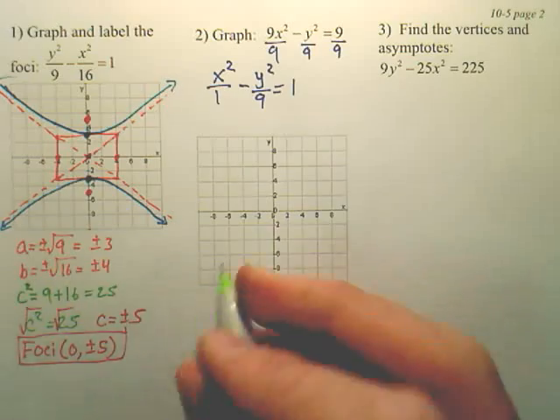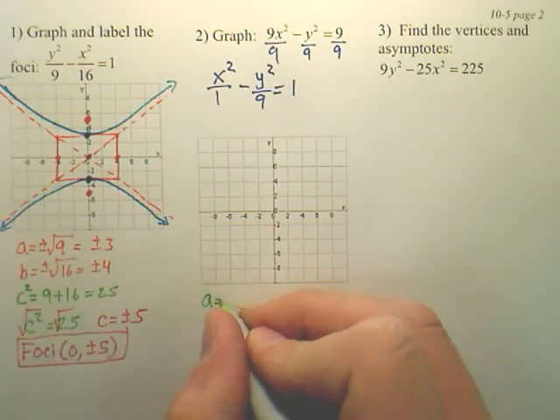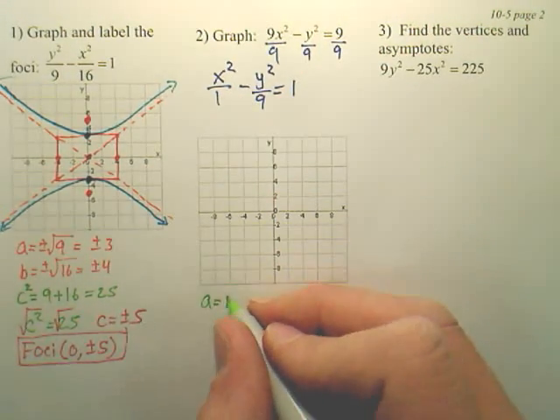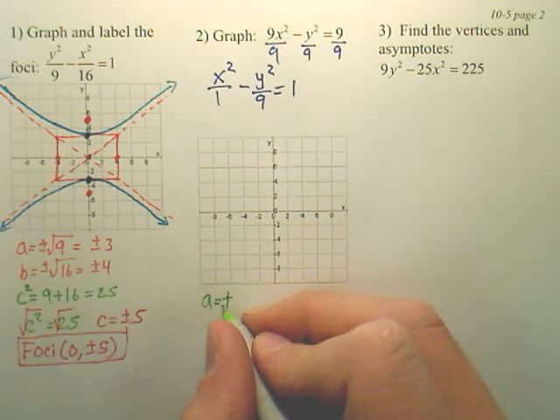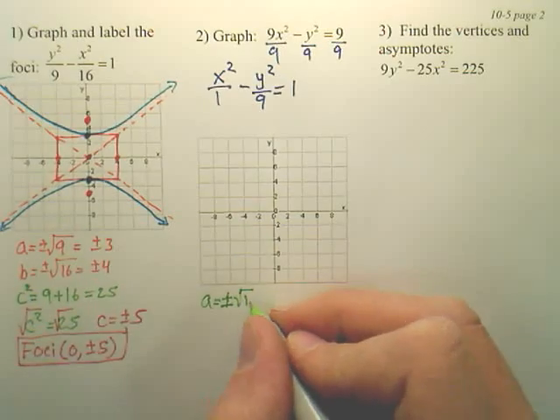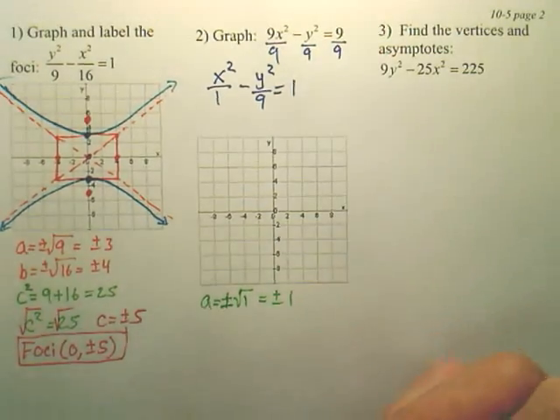From there, what's my a value going to be? My a value is always the first one, so it's going to be plus or minus the square root of 1, which is plus or minus 1.